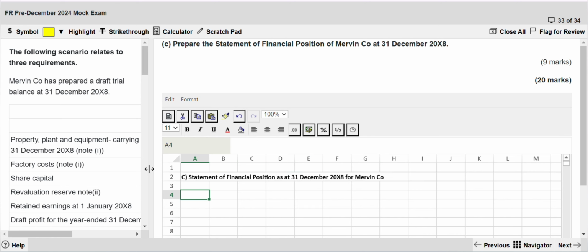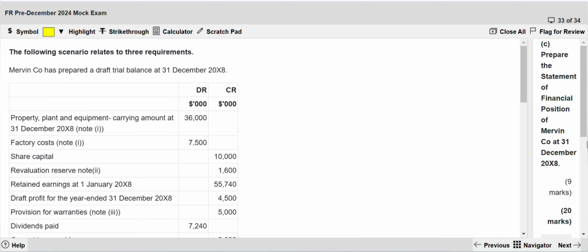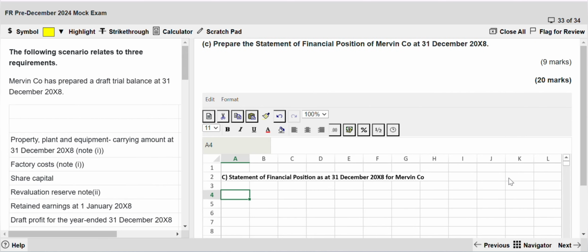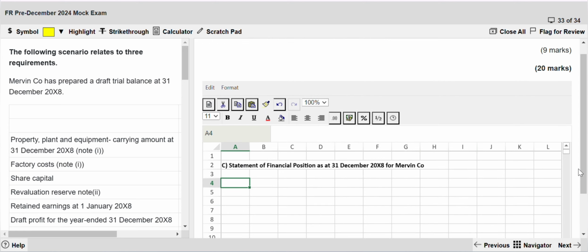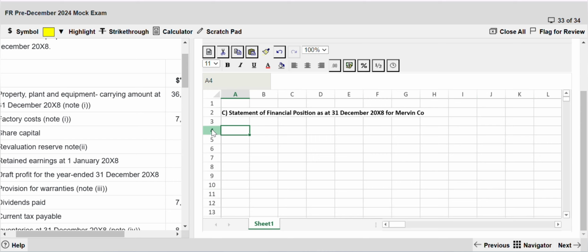Okay, so that's okay. We will prepare the statement of financial position. All right, so we'll start with assets. Then we'll have non-current assets.